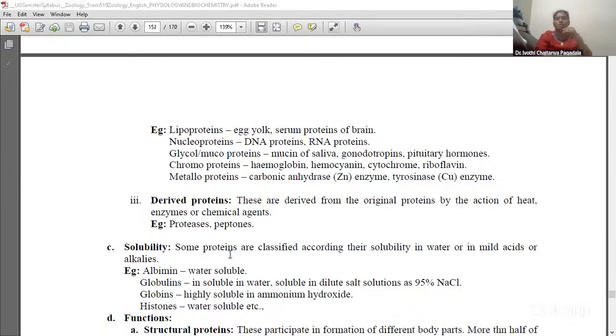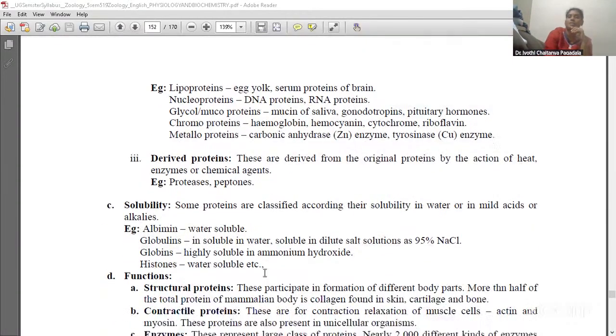So depending upon the solubility, we have the water soluble proteins called albumin, and those insoluble in water but soluble in very dilute salt solutions like 95% NaCl, those were globulins, and globins, which highly solubilize in ammonium hydroxide, and histone proteins, which were water soluble.